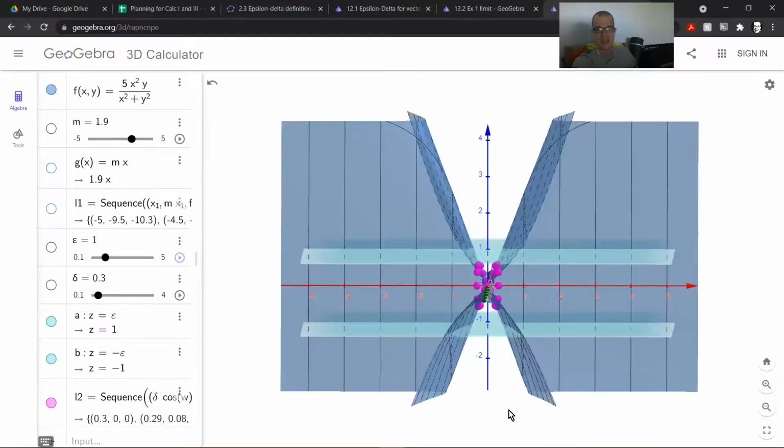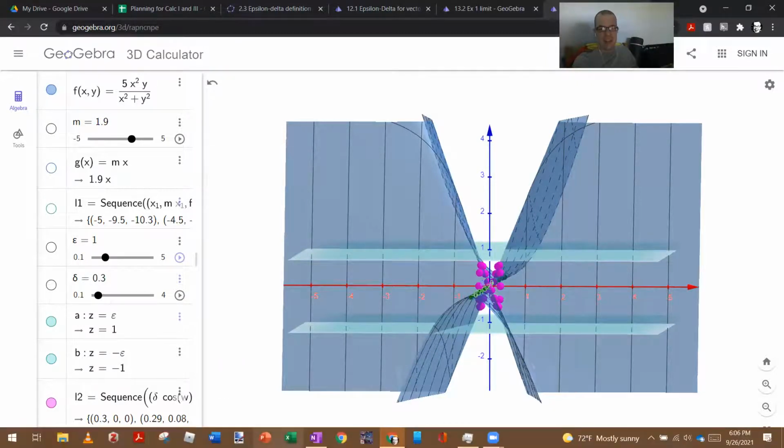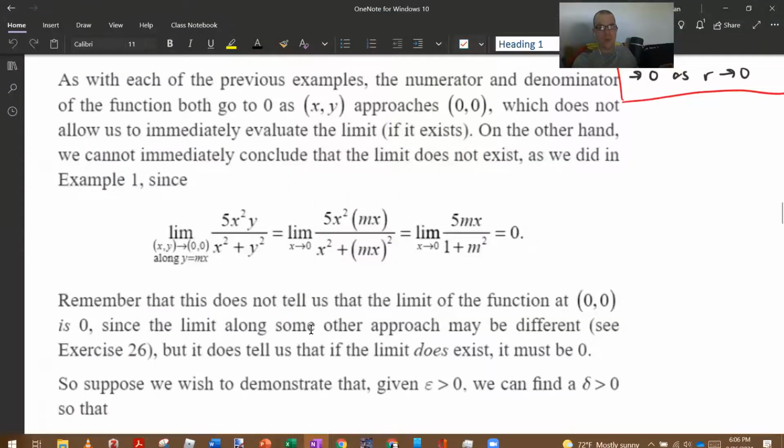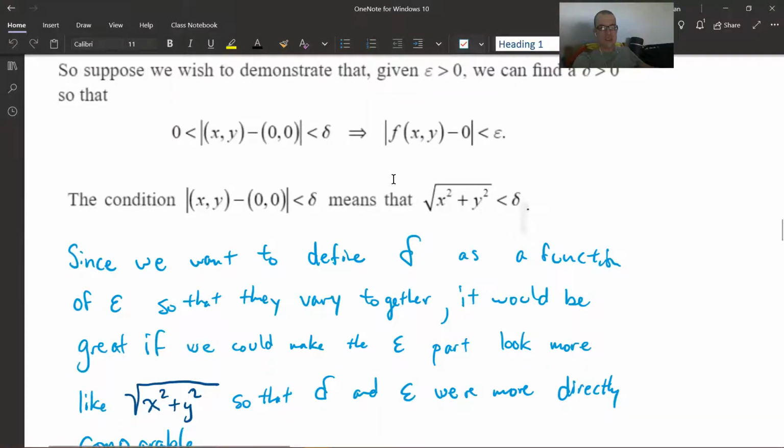But instead of doing this chasing game where we shrink epsilon and then shrink delta again, if we can define delta as a function of epsilon, they will just shrink or increase together, and we'll never have to worry about it. And that's the idea for what we're trying to accomplish with this epsilon delta thing. Okay, so here's the notation.